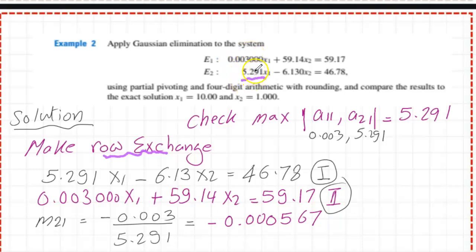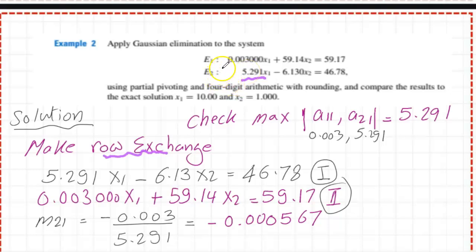Which one is bigger? We have 0.003 and the other one is 5.291. We take the absolute values and choose the maximum. Since a sub 21 is bigger than a sub 11, we make a row exchange.